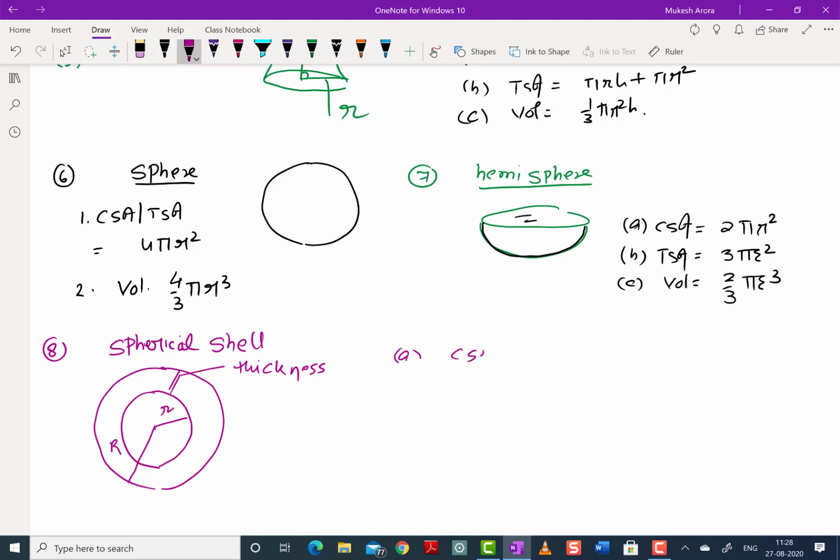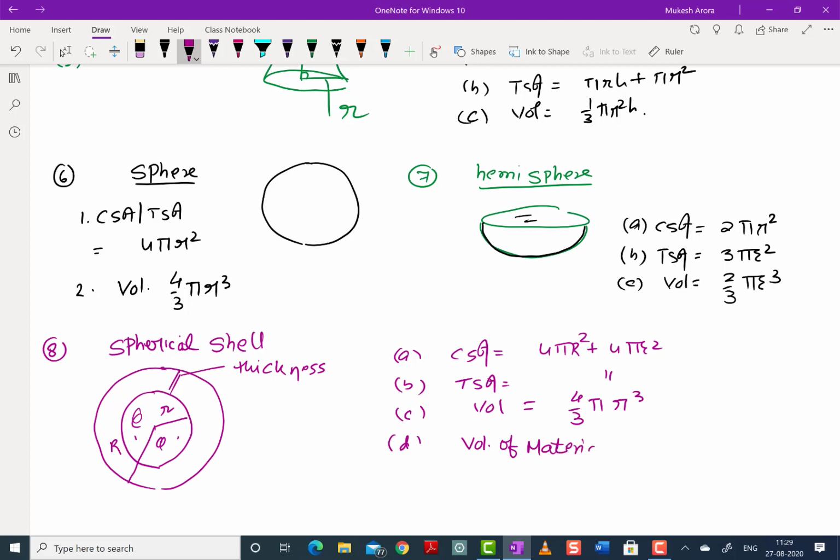The curved surface area is 4 pi R square plus 4 pi r square. Total surface area is also the same. When I'm talking about the volume, volume means inside, 4 by 3 pi r cube, and D is volume of material, which is 4 by 3 pi volume of outer minus volume of inner.